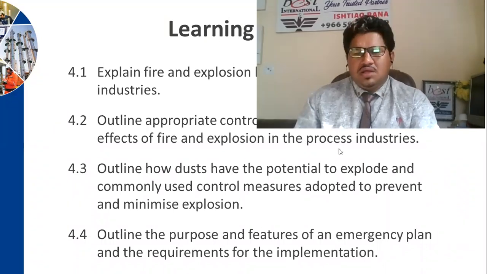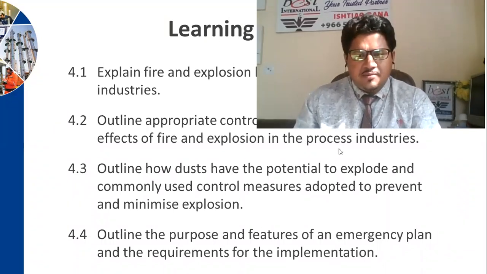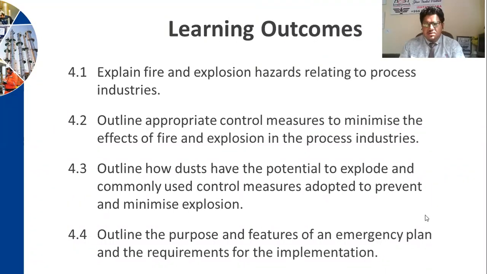Now, there are some quite easily understandable learning outcomes. You must be capable of 4.1, which is to explain fire and explosion hazards related to process industries. 4.2 is to outline appropriate control measures to minimize the effects of fire and explosion in the process industries.